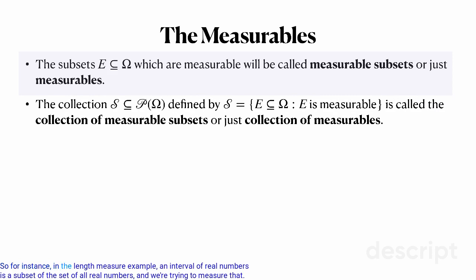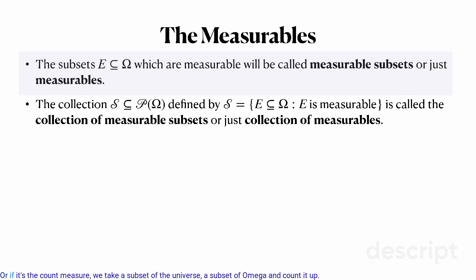So for instance, in the length measure example, an interval of real numbers is a subset of the set of all real numbers, and we're trying to measure that. Or if it's the count measure, we take a subset of the universe, a subset of omega, and count it up. But in every example, we're trying to measure certain subsets of omega. When it comes to count measure, when it comes to Dirac measure, we really can just measure every subset.